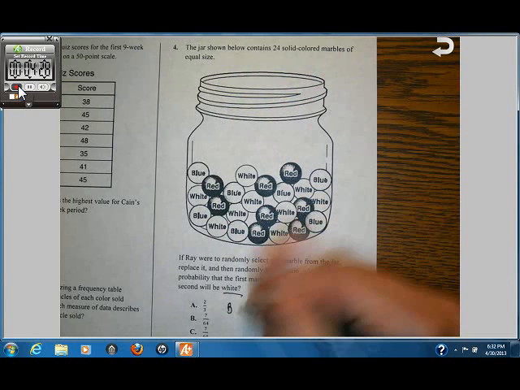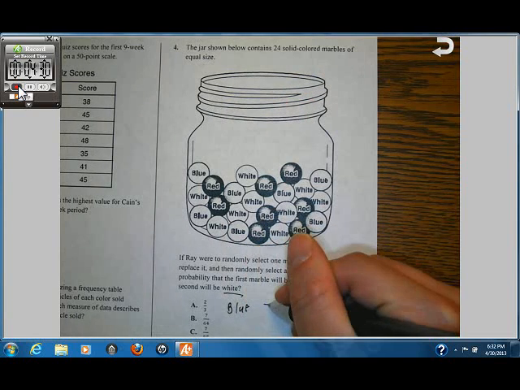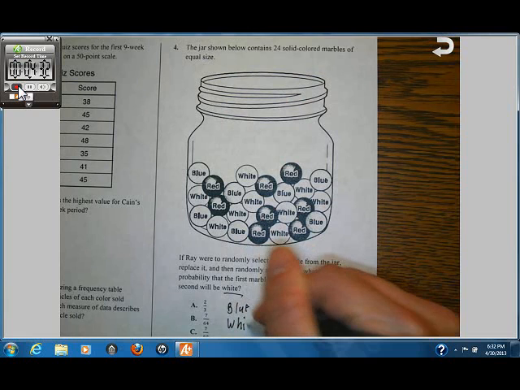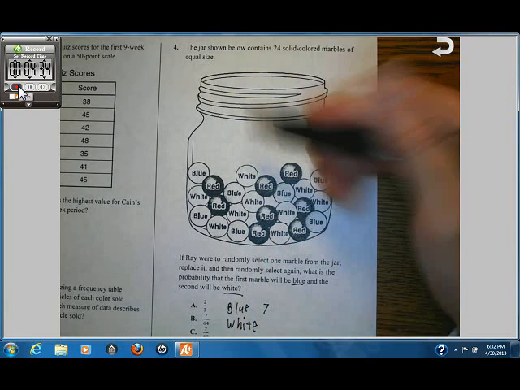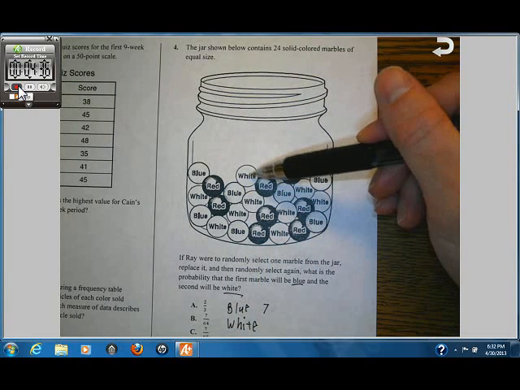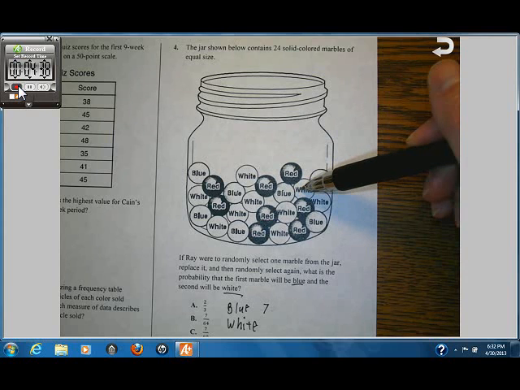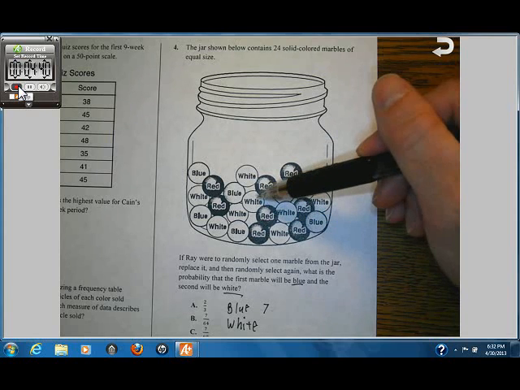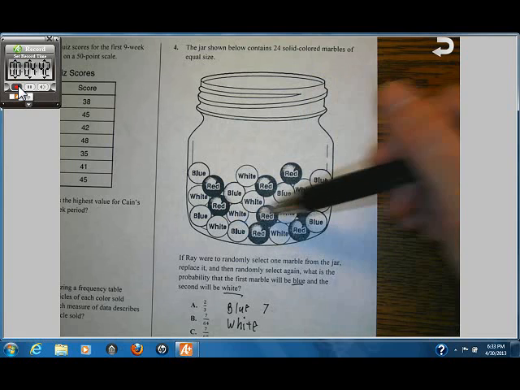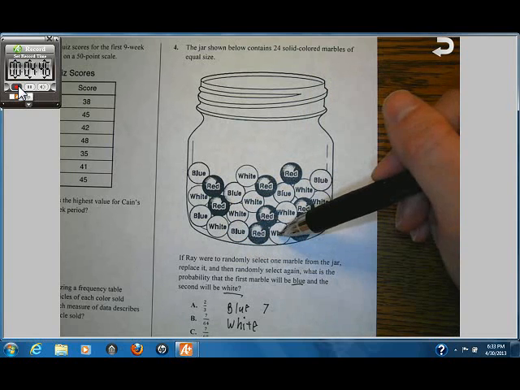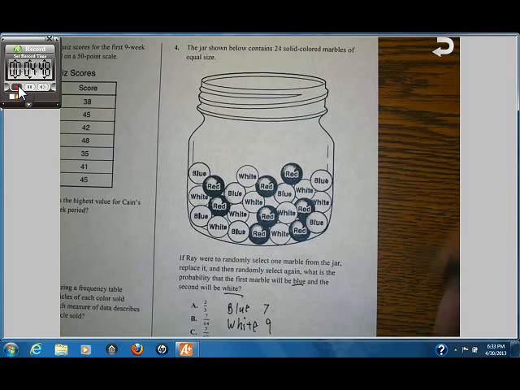So blue appears to be 7. Then you do the same for white. 1, 2, 3, 4, 5, 6, 7, 8, 9. And so we should assume that there should be 8 red marbles, and there are.